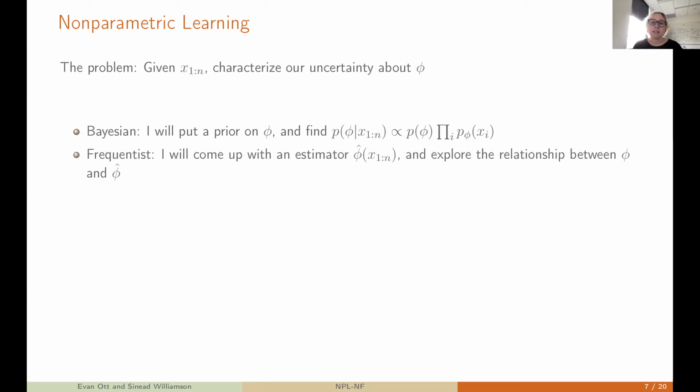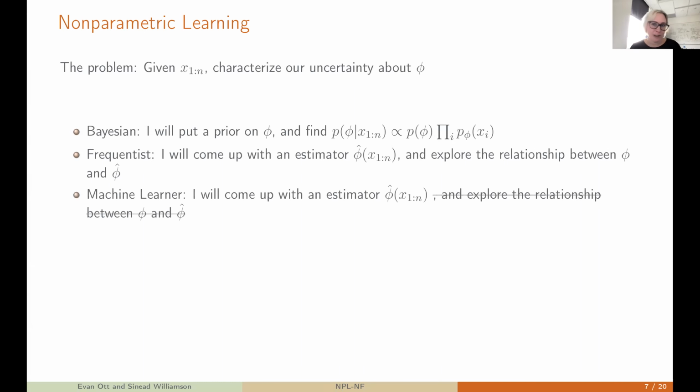If I'm a frequentist, I might say, I'm going to start with coming up with some estimator, phi hat for phi, maybe a maximum likelihood estimator. And then in some way, I'm going to explore the relationship between the true parameter phi and the estimate phi hat, and then maybe come up with, say, confidence intervals that I can use to express my uncertainty.